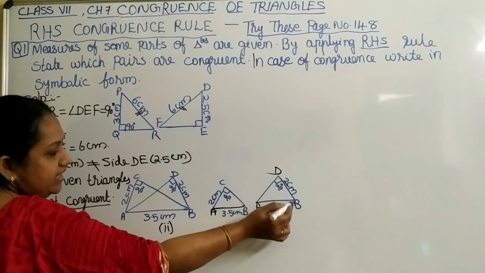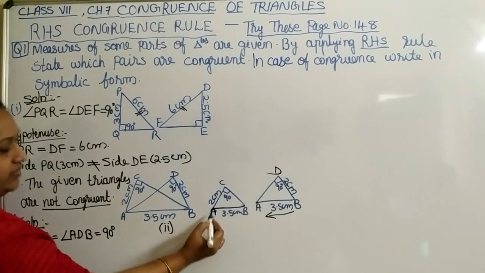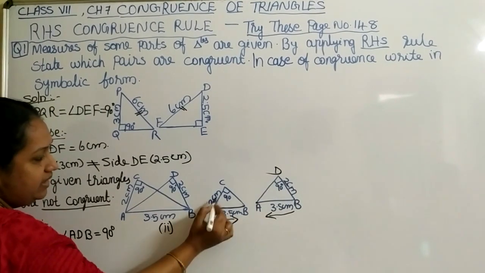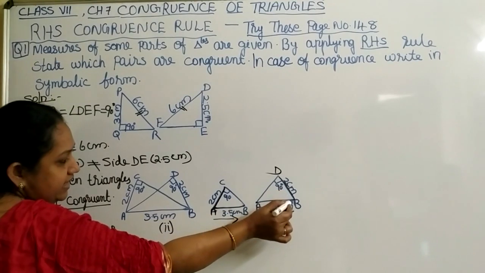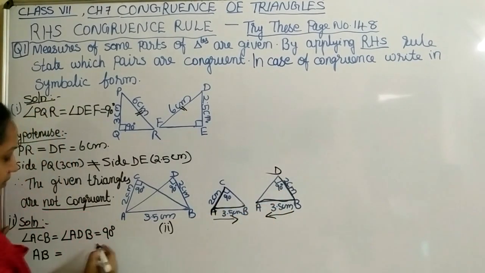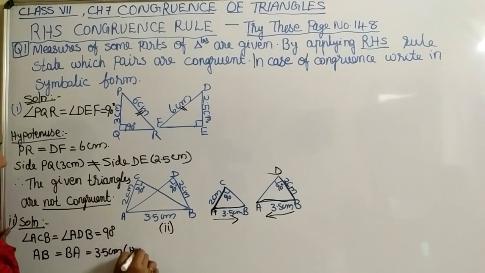So here we can choose BA. The same way we can take it here, that is BA equal to 3.5 centimeter. In the bracket you can write it hypotenuse.